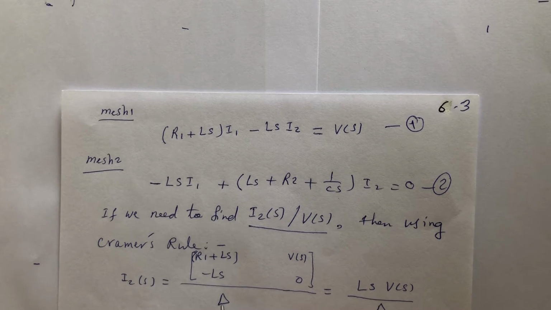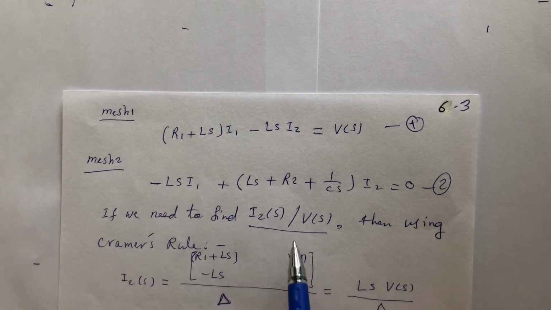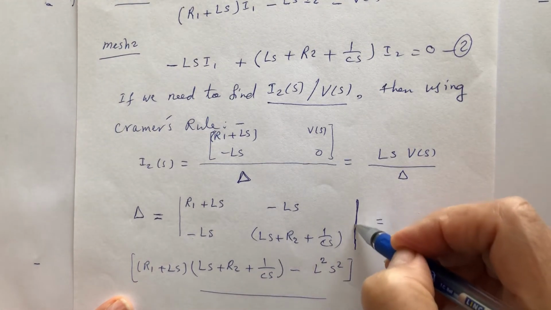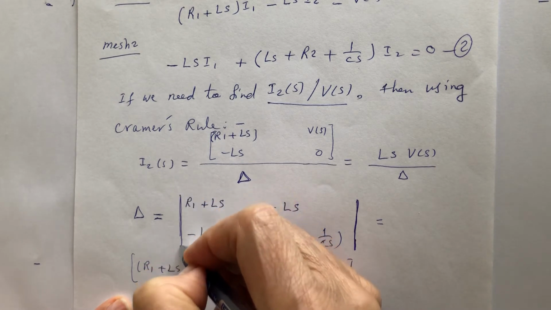It will be, this is delta in the denominator. You remember delta, it's the determinant of the transfer function. And here we want I2, so I2 in column 2, I'll show you in delta. This is the delta. The delta is the determinant. When I put these vertical lines, it means this is a determinant.